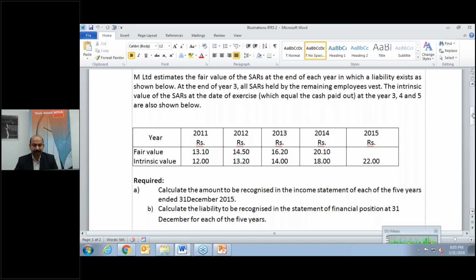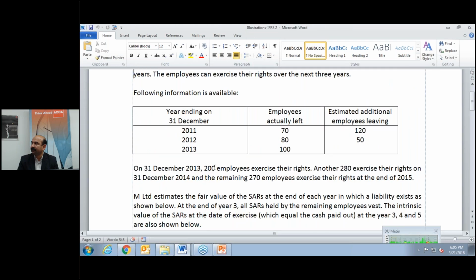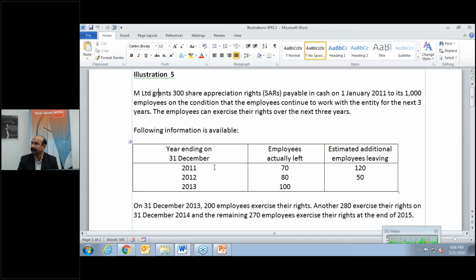See, the same approach. See, there are 300 share appreciation rights, SARs, for each employee. This will remain the same as per the given scenario.